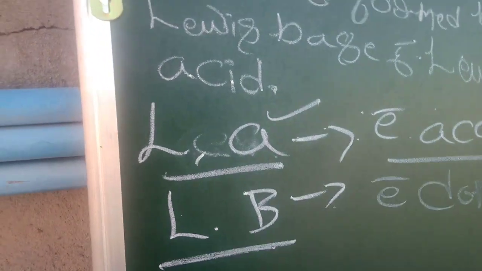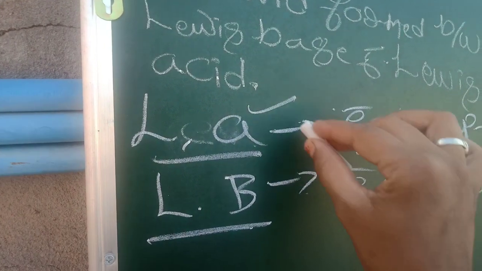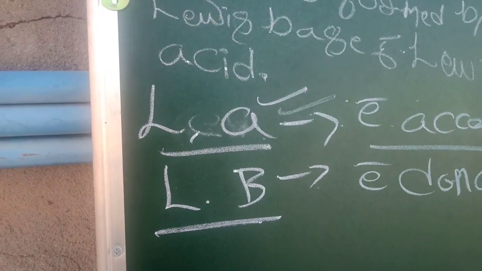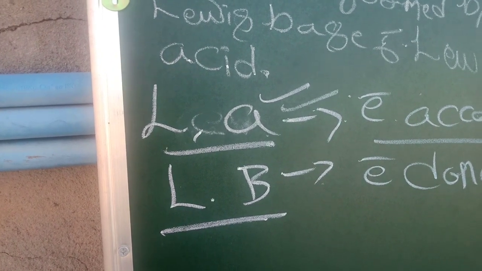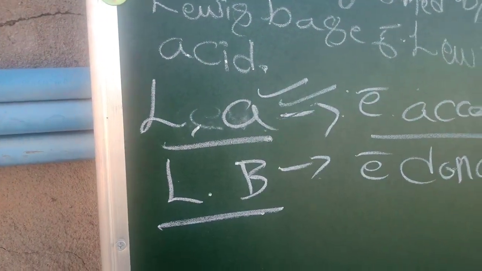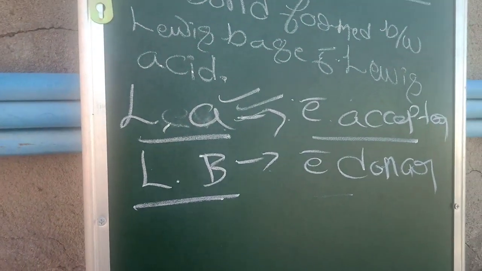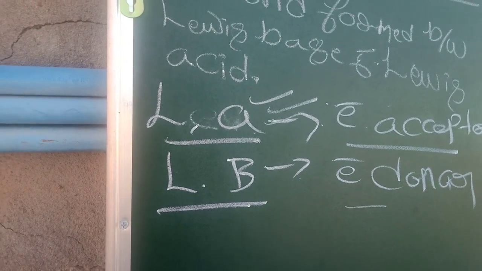A molecule or an ion which can accept an electron is called a Lewis acid. A molecule or an ion which can donate an electron is called a Lewis base.